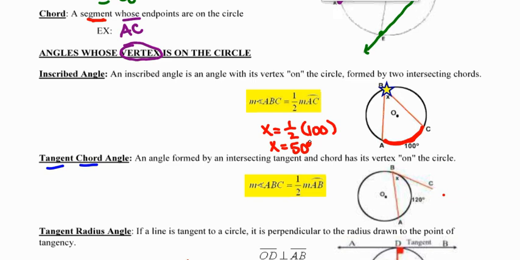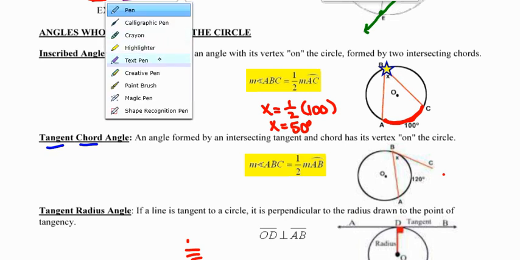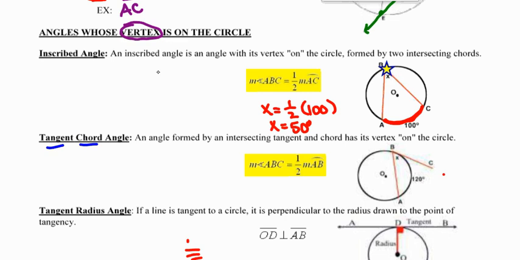Why it's nice to look at that is because when we take a look at the next example, an angle that's formed by a tangent and a chord, note the location of its vertex also. Its vertex also lies on the circle. Like the inscribed angle, its angle measure is half that of the arc that it intercepts.